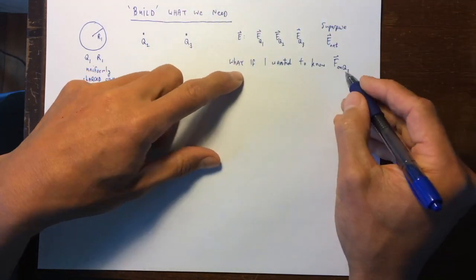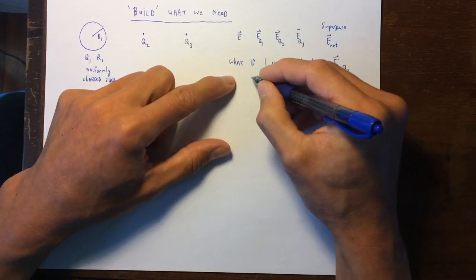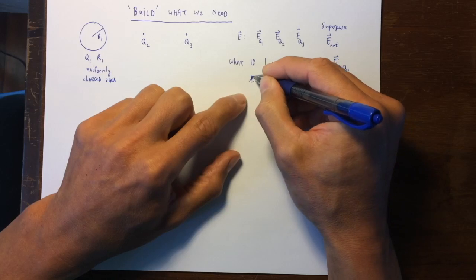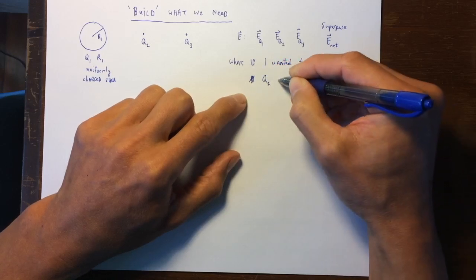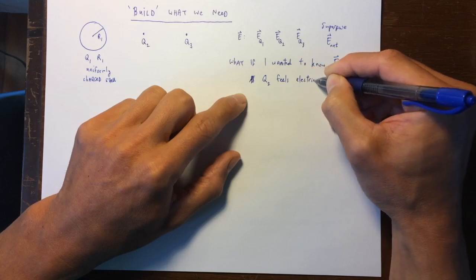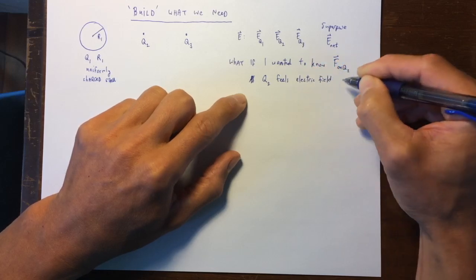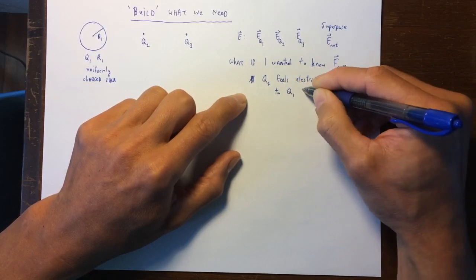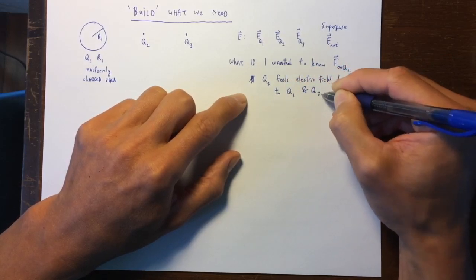So what you'd have to do is figure out that Q2 feels electric field due to Q1 and Q3.